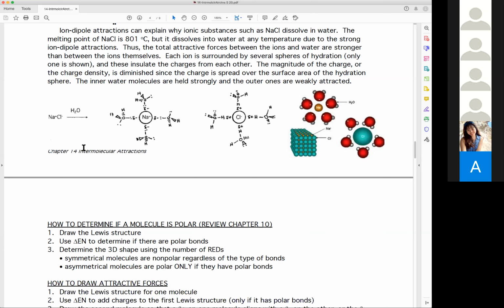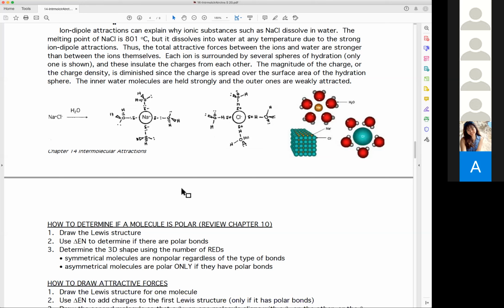So you get sphere on top of sphere on top of sphere, and at the same time, the charge density keeps getting smaller and smaller. And what happens to the chloride? The same exact thing, except the charges are opposite. So that partial positive of all the water molecules is attracted to the negative charge on the chloride ion. On the surface of this hydration sphere is the partial negative sticking out.